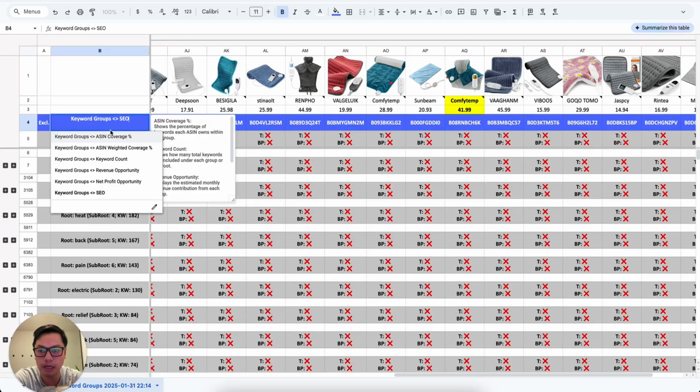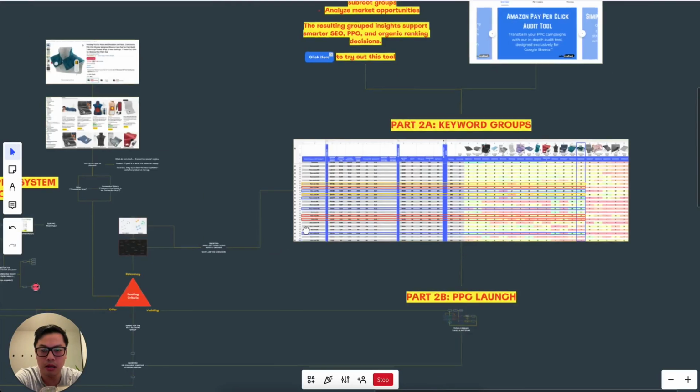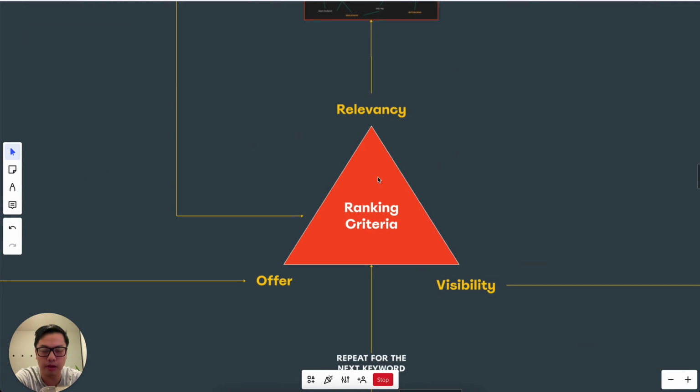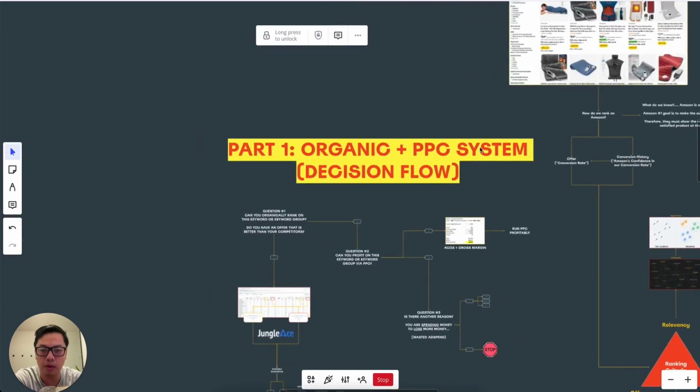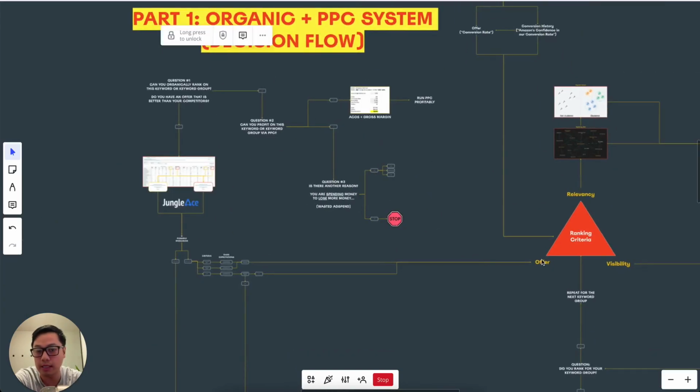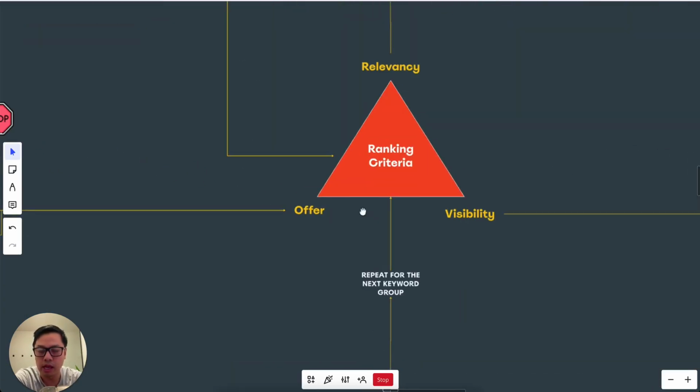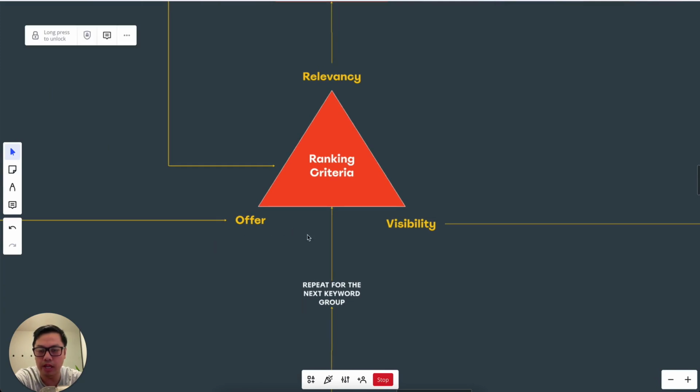So just stepping back here, going back here. What did we figure out? We understood relevancy. We understood it at the keyword group level. We understand the workflow that we need to go through and ask ourselves at the keyword group level, and we've identified, of those keyword groups, where we can excel in terms of the offer.